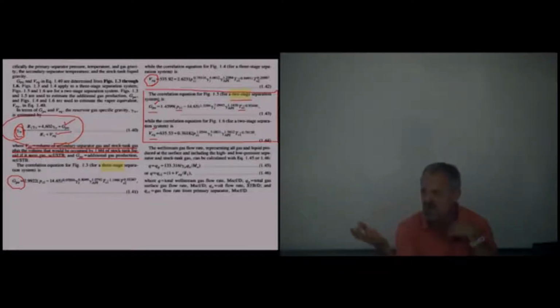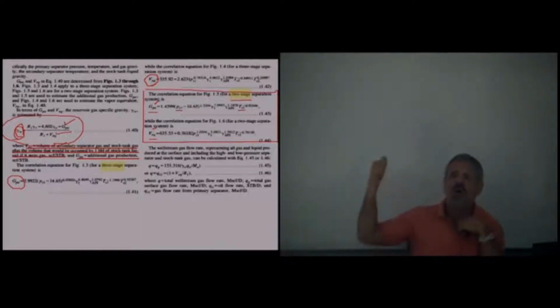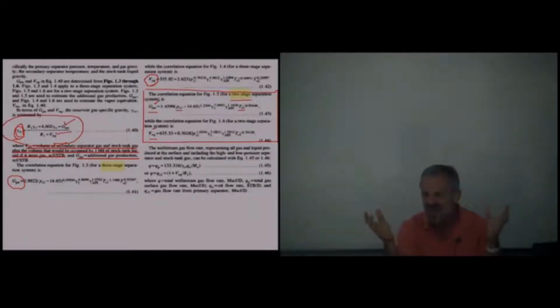It depends upon whether you're a small operator out here in western Oklahoma, or you've got a well that produces 1 million barrels a day. That's a little bit of an exaggeration, but some wells produce 20,000 barrels a day.